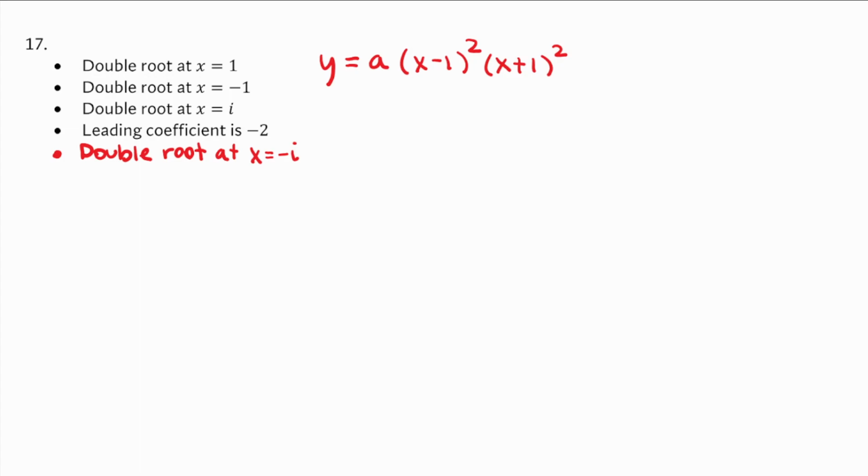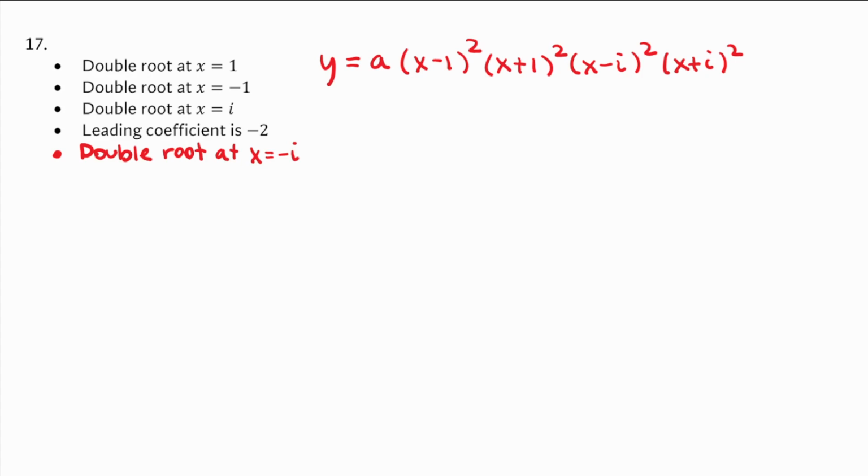I'll tell you that right now. x equals i is a double root, so (x minus i) squared, and double root x equals negative i, so (x plus i) squared.